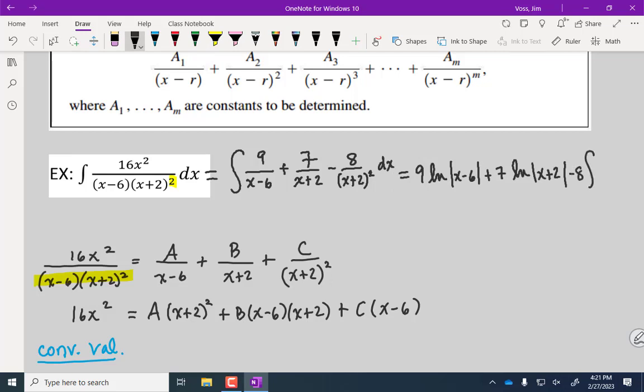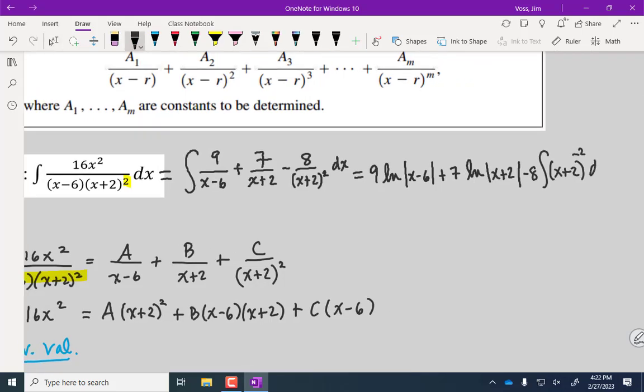We can move this up into the numerator, can't we? Make it x plus 2 to the negative 2. We do that all the time: if we have something in the denominator to a power, we pull it up and use the power rule. So these two stay the same, those two come down.